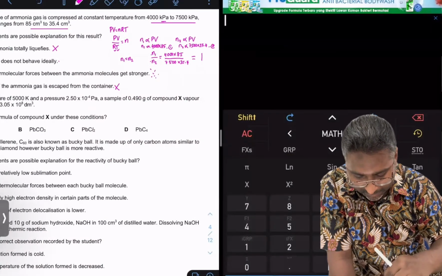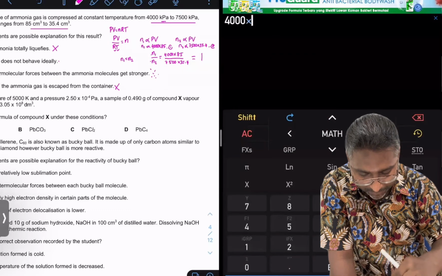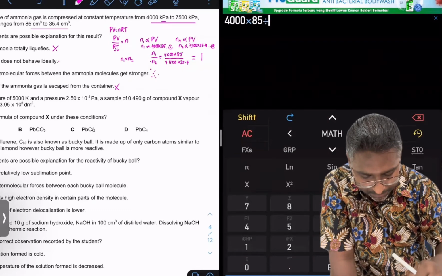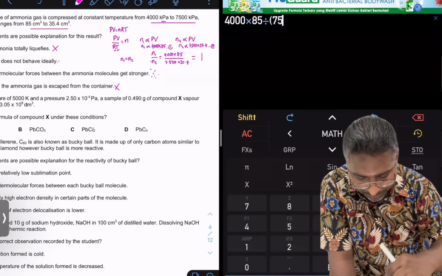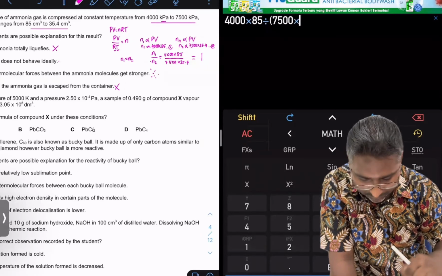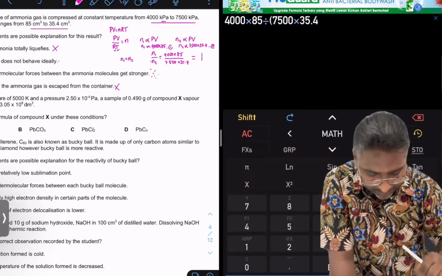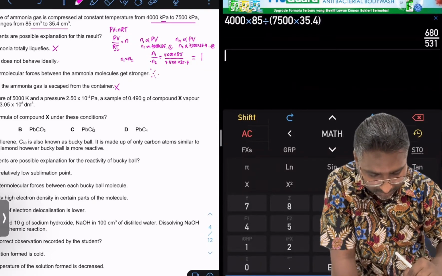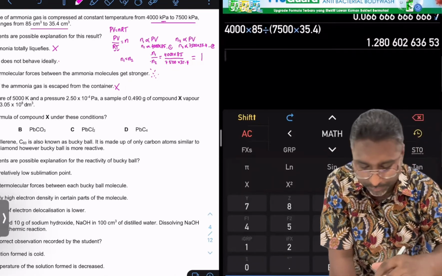So you just calculate 4000 times 85 divided by 7500 times 35.4. When you calculate, you are going to get 1.28.